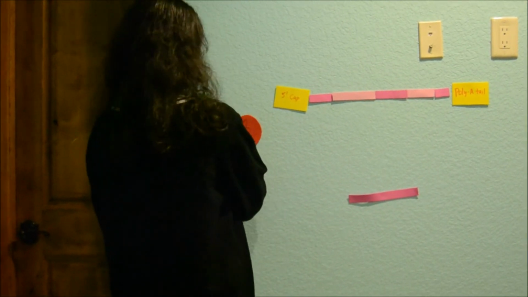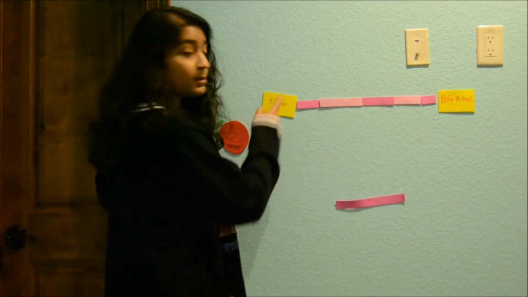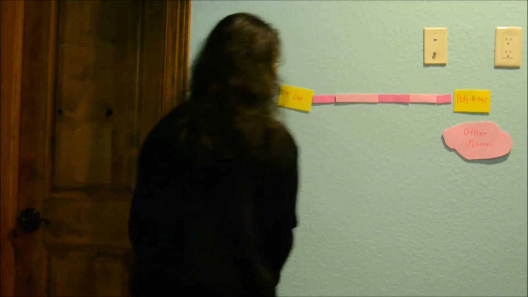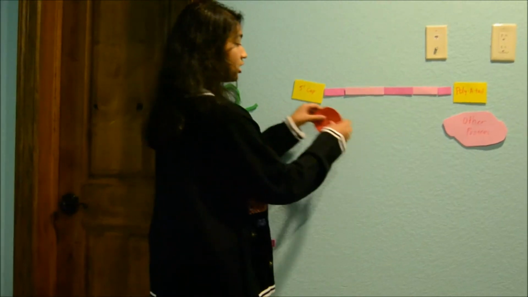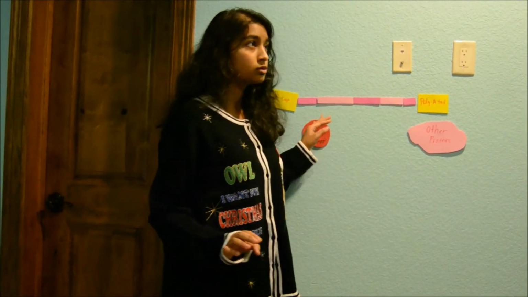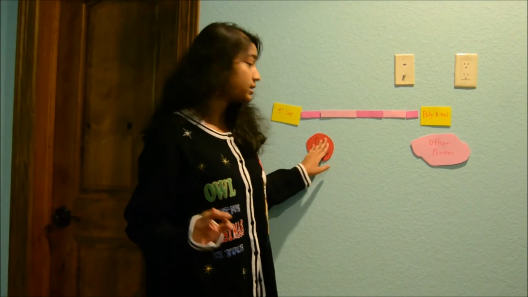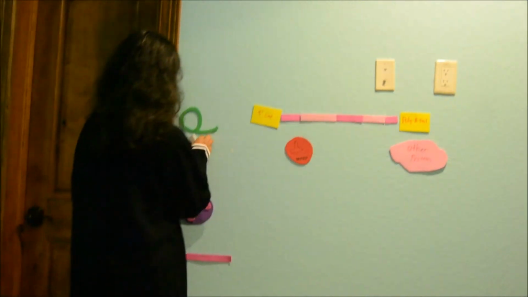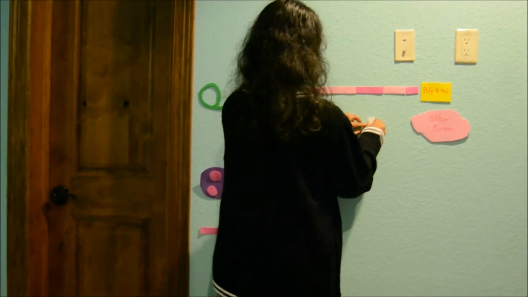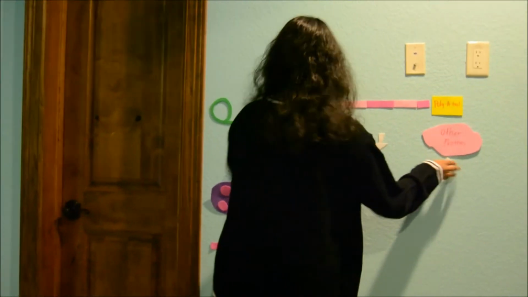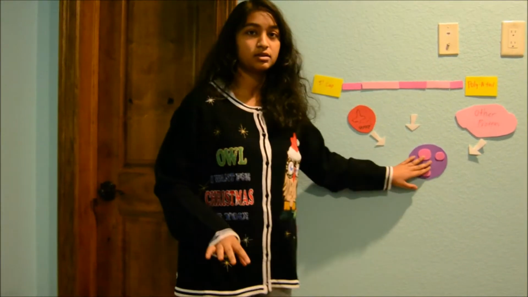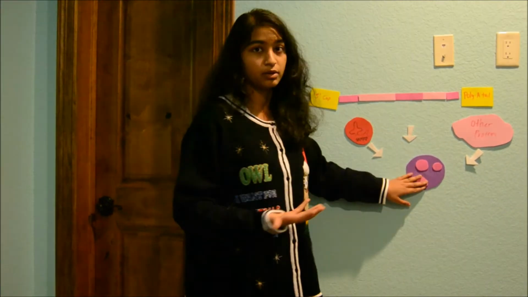So what happens now is after the caps have been added, other proteins and snRNPs, which are small nuclear ribonucleoproteins, are all added together to form the spliceosome complex.